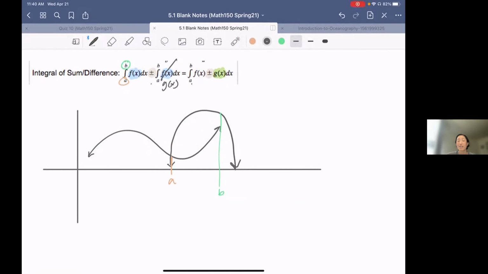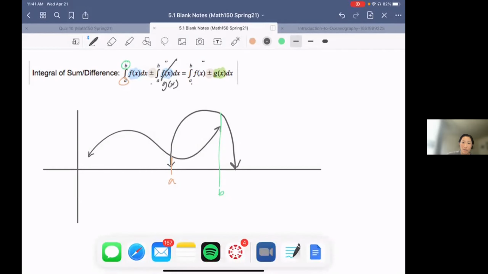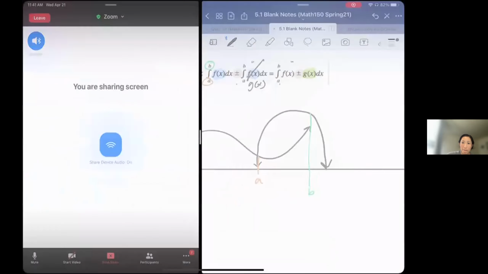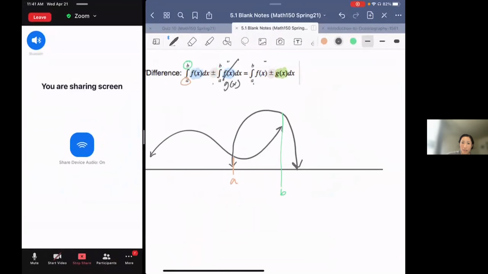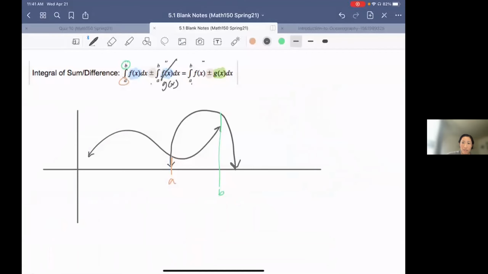But you're right though, I think you've got the great concept here, which is that if I have the region from A to B and I want to find each piece of it. So if I find this area down here, I don't know if you want to shade that area underneath your f of x curve. I can't see what you may or may not be doing on the screen, so I'm just going to take my best guess of what you're saying.